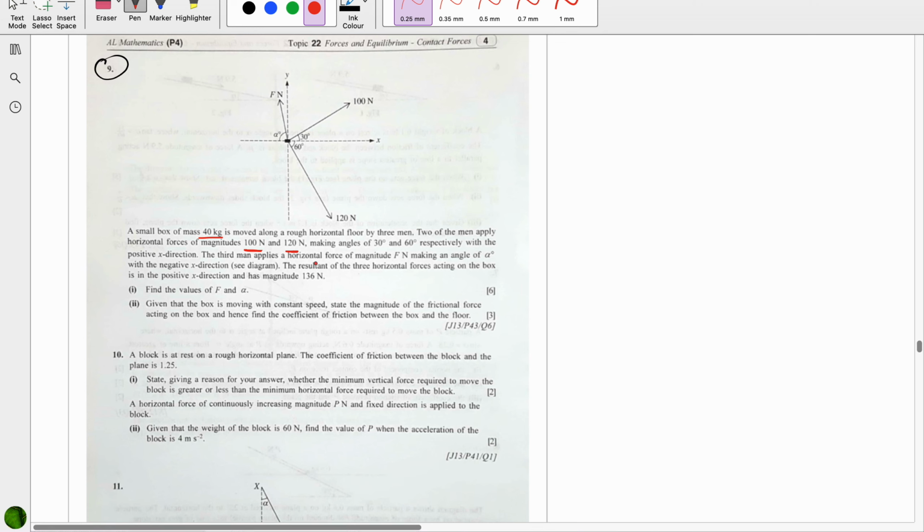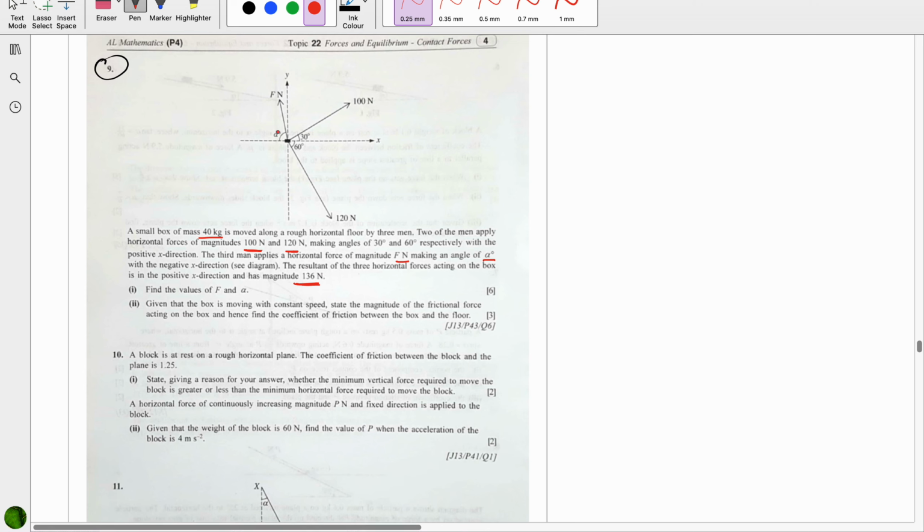The third man applies a horizontal force of magnitude F newtons at an angle alpha with the negative x-axis as shown in the diagram. The resultant of the 3 horizontal forces acting on the box is in the positive x direction and has magnitude 136 newtons. Find the values of F and alpha.